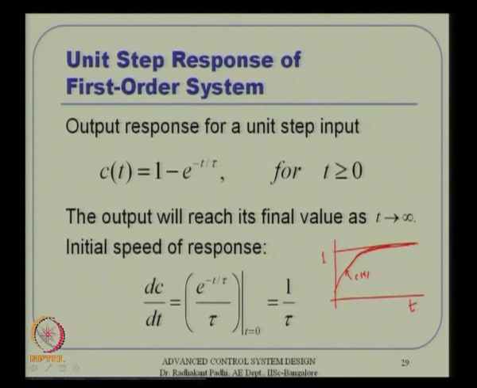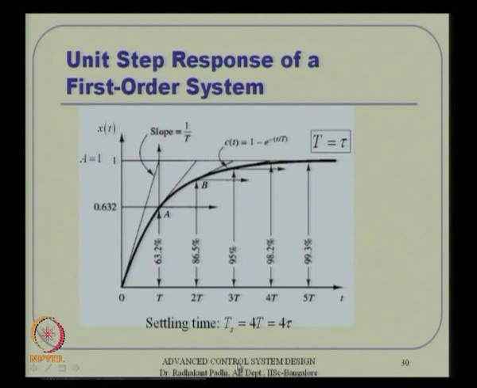If you already know the response, then you can talk about the derivative of that function, and it turns out to be just 1 by tau at t equal to 0. So initially it will start with a slope of 1 by tau. All this analysis is done for further explanation and understanding of the solution nature.